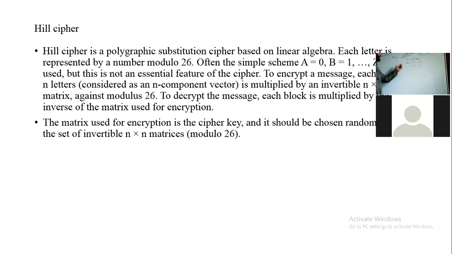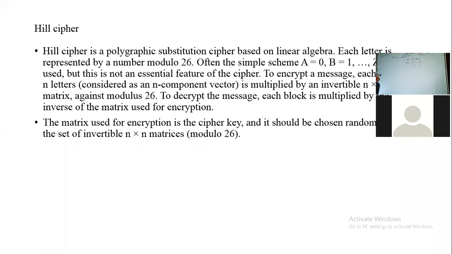If we have a key like this, well and good. If you have letters in the key, firstly convert these letters into matrix form, and then write the letter numbers in the matrix. Clear? So now we have the plain text ATTACK, and this is our key.